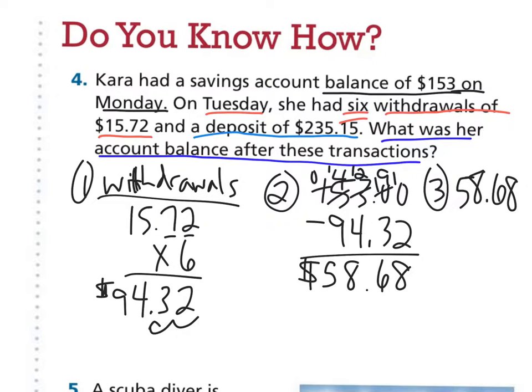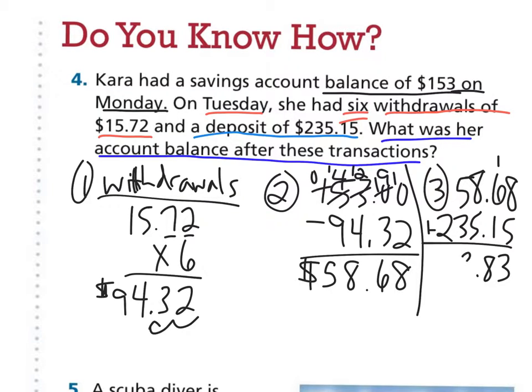And then we made a deposit of $235.15. So $293.83 should be our final balance then.